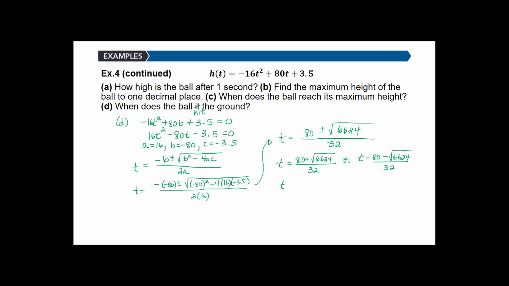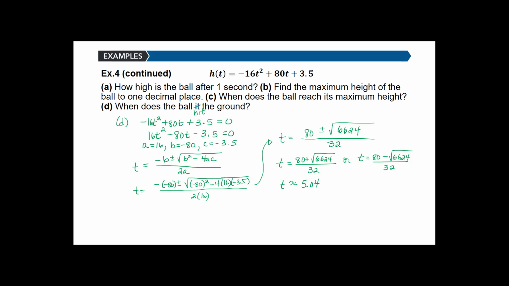So using our calculator, we can approximate these. Be careful here, I need to put in parentheses 80 plus the square root of 6,624, exit the radical, close the parentheses, divided by 32. And I get t is approximately 5.04.